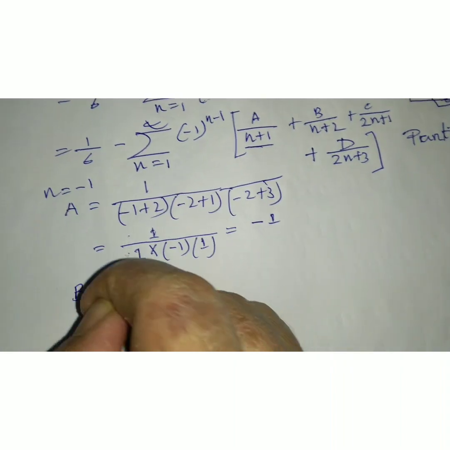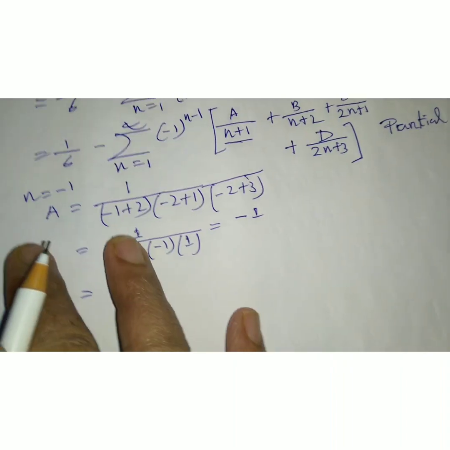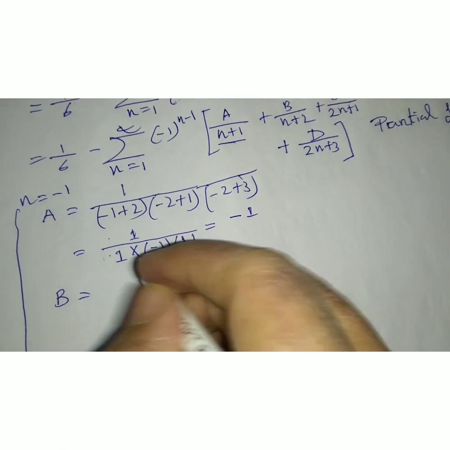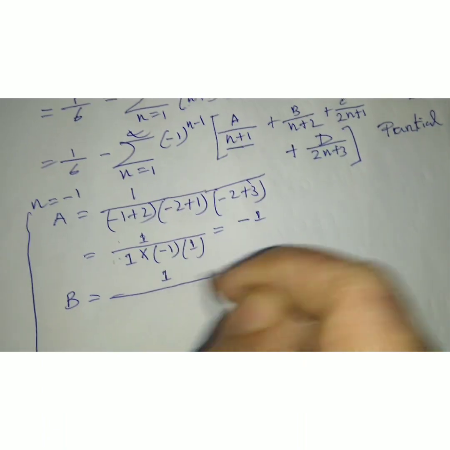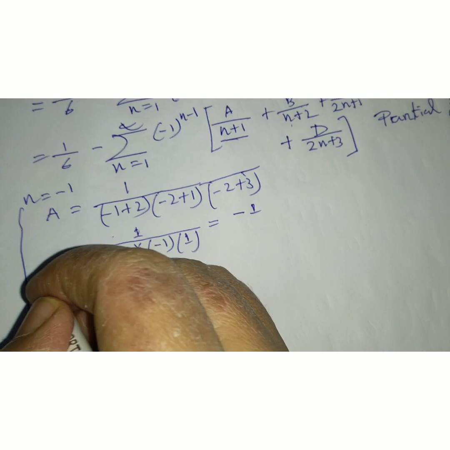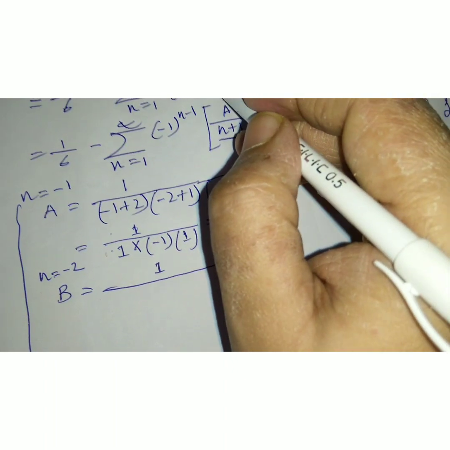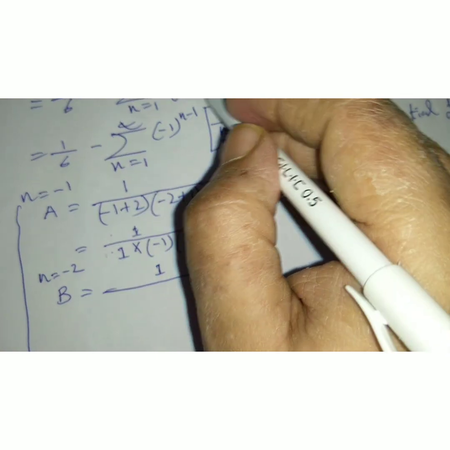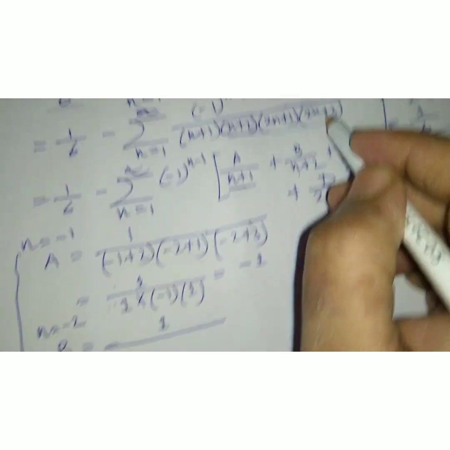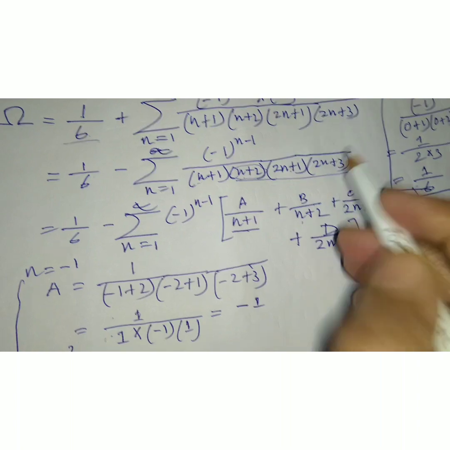Okay, no problem. Now the value of b: 1 divided by, here put n equals minus 2. I will remove this term and put minus 2 in the other 3 terms.